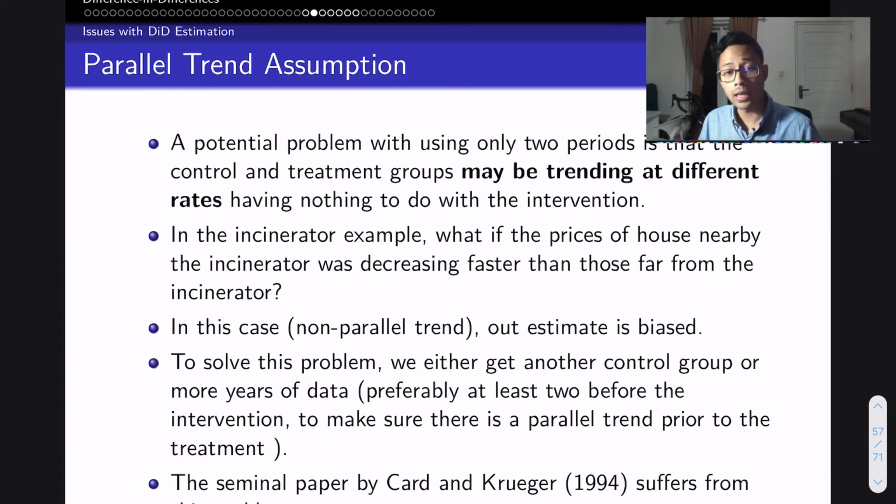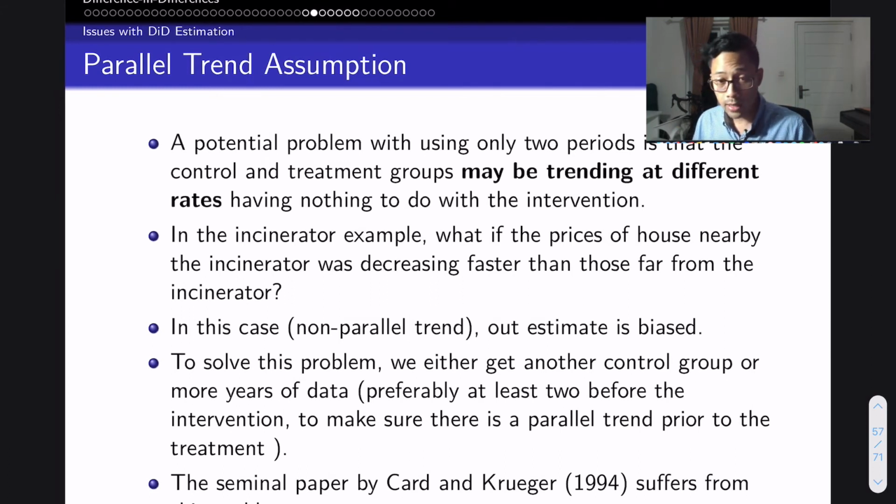That was the issue that their study had. Given this knowledge, I'm hoping that if you want to apply some sort of DID analysis in the future, not only do you want to establish a model for the estimation of the DID, you want to make sure you have that parallel trend assumption.